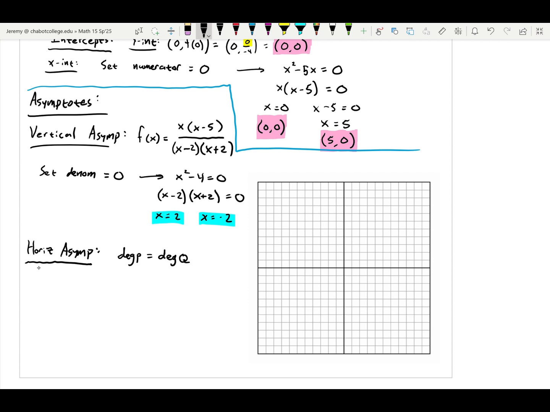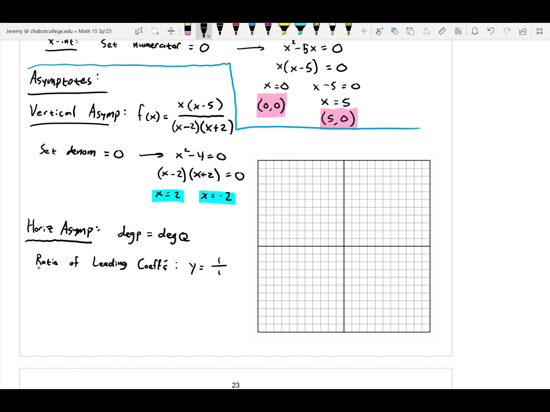So the horizontal asymptote will be the line, so here I'll just put a little note here. Ratio of leading coefficients. It's going to be the line y equals 1 over 1, because those are the two leading coefficients. I could just simplify that to the line y equals 1.